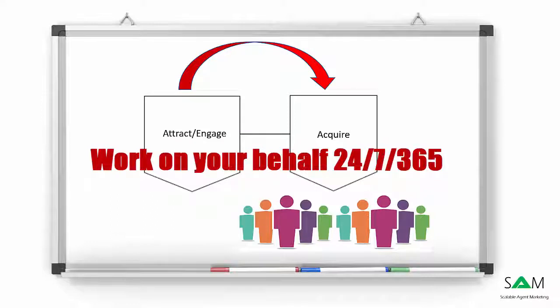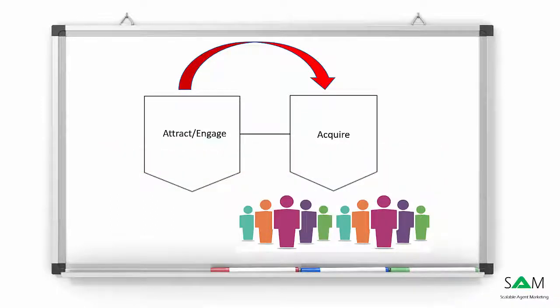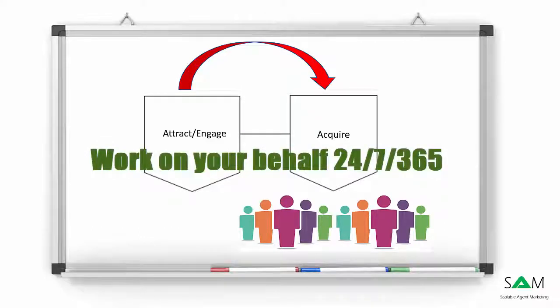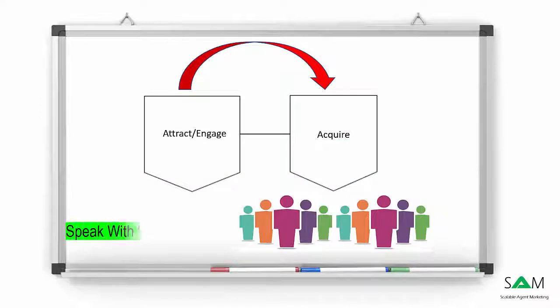They never stop working unless you hit the pause, and will continue to work for you 24 hours a day, 7 days a week, 365 days a year. So you can speak with more prospects, build more relationships, write more contracts, and close more transactions.